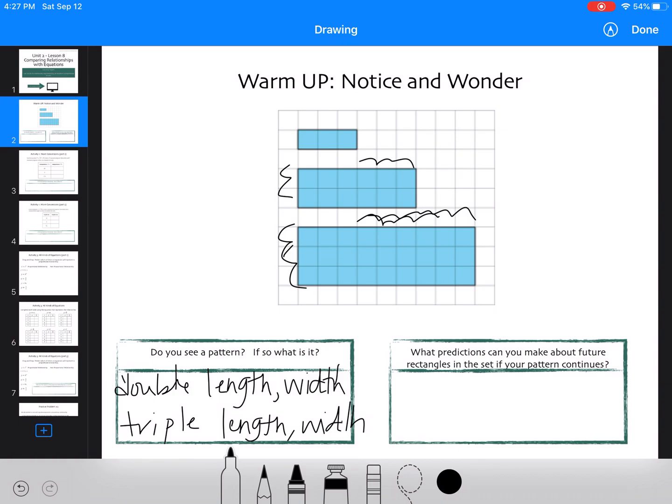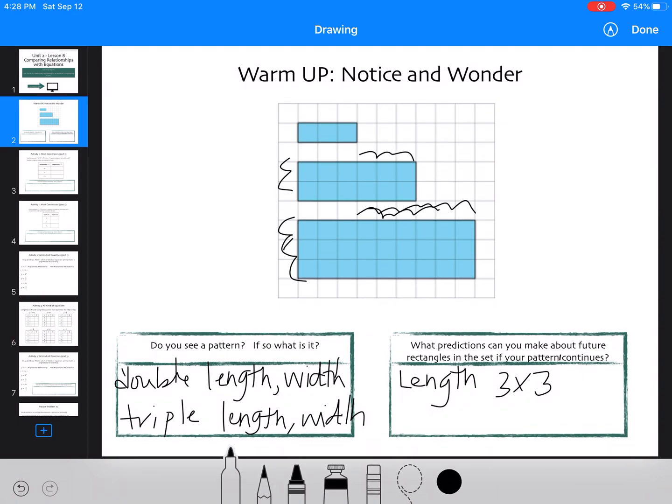So what predictions would you make about the future rectangles in the set? So my length would be 3 times... I would say 3 times 3 times 1, and then this number would just keep going up depending on which one it was.